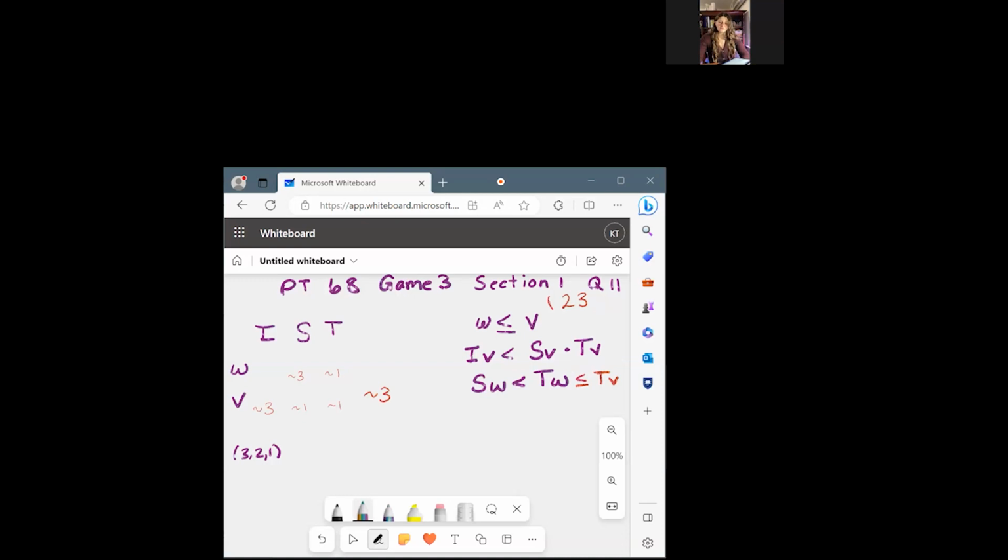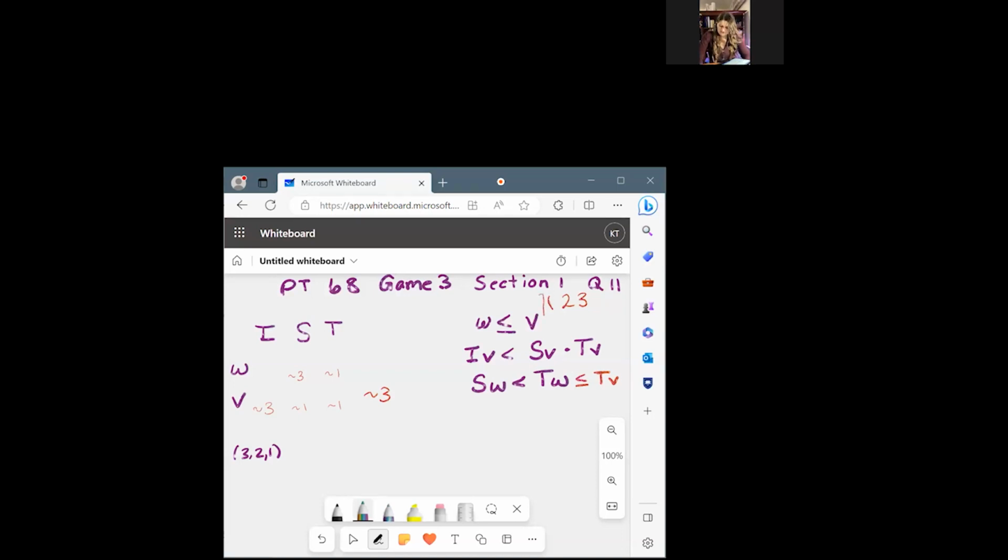Rule 1 says that W always has to be less than or equal to V. So if V can't be 3, can W be 3 if it always has to be less than or equal to V? That's not a rhetorical question. Okay, there we go. No, W can't be 3.